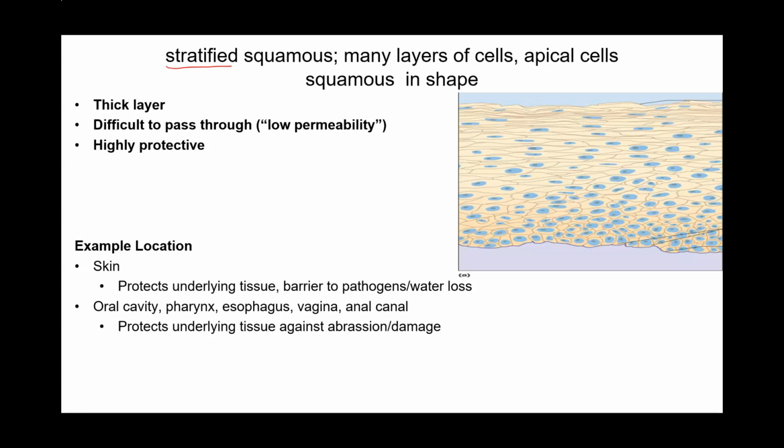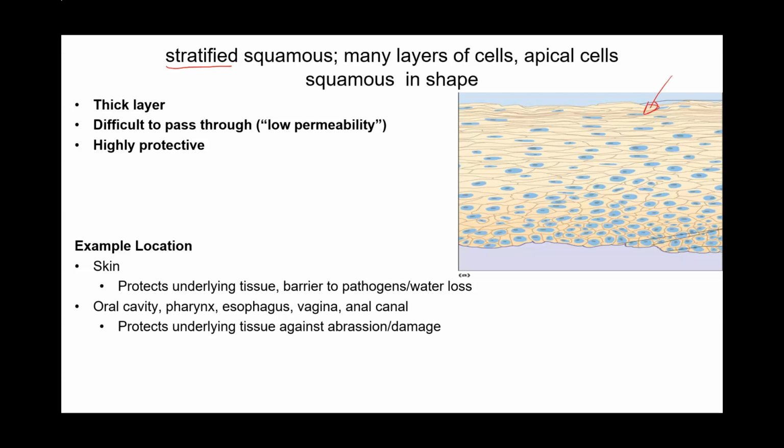Now, you'll notice that the cells near the basal surface are round or maybe even vaguely cuboid in shape. But as you get closer and closer to the surface, the cells flatten out and become thin and flattened. They become squamous-like. And so stratified tissues are typically named after the shape of their apical cells.